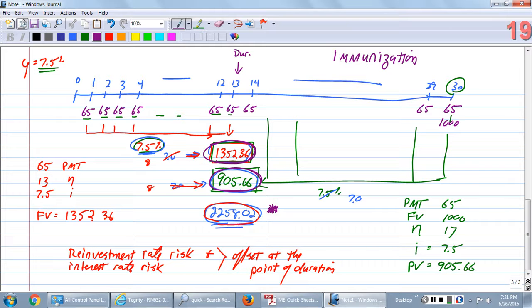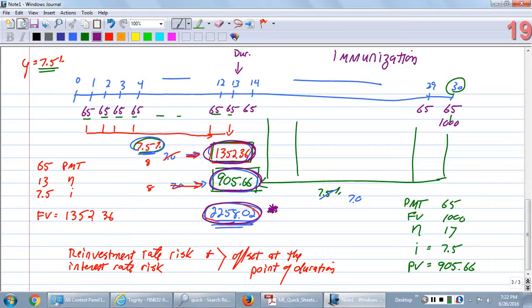Well, here, what we're trying to avoid is that our bond portfolio feels the effects of interest rate changes. And so we're able to immunize our portfolio here. If you had, for instance, a known obligation 13 years from now, you owe exactly, let's say, $2,258, this bond that we have here will pay for that. It will immunize that obligation.